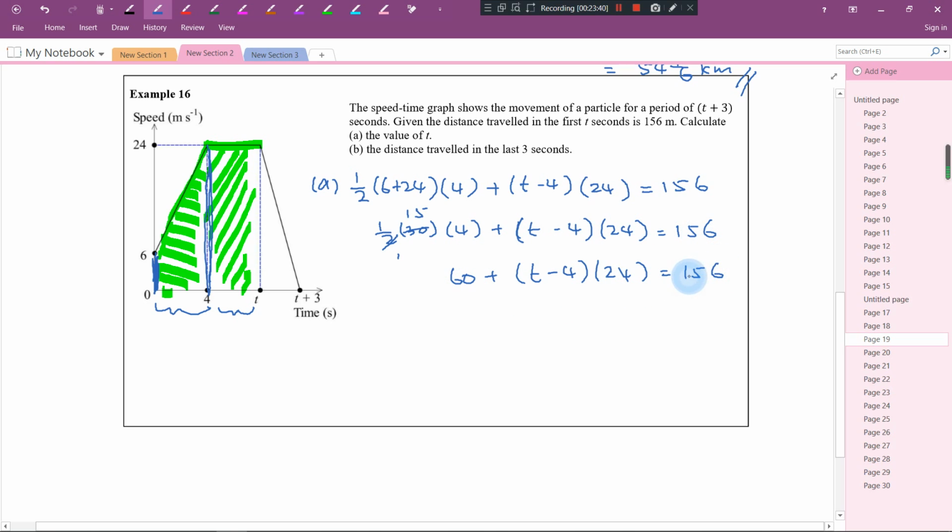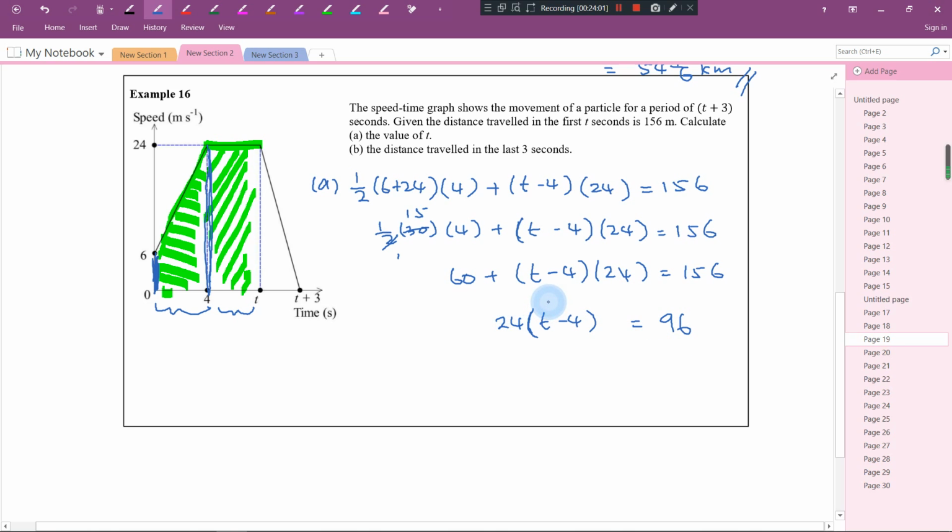You move over here, you take 156 minus 60. 24 I write in front here. So 156 minus 60, you get 96.